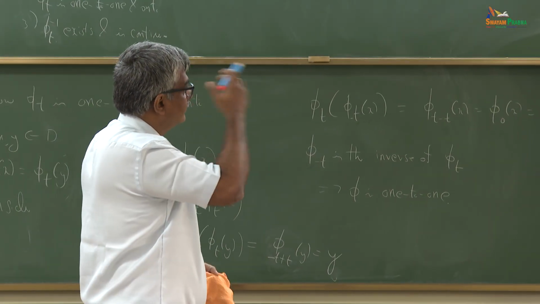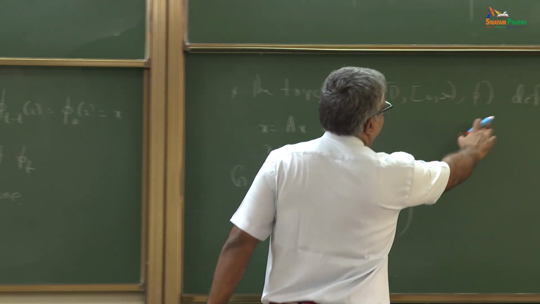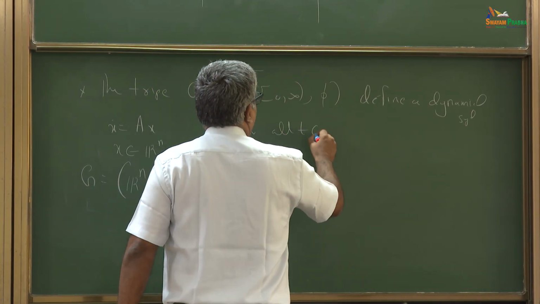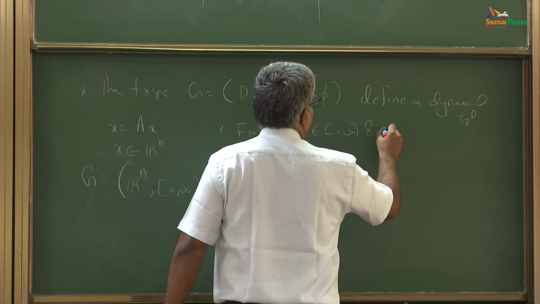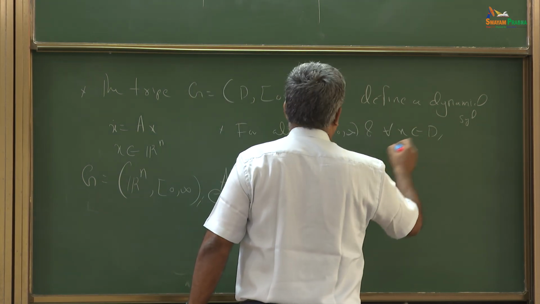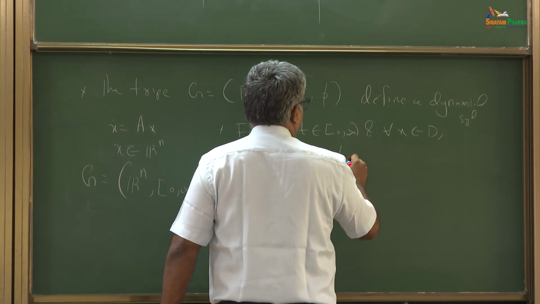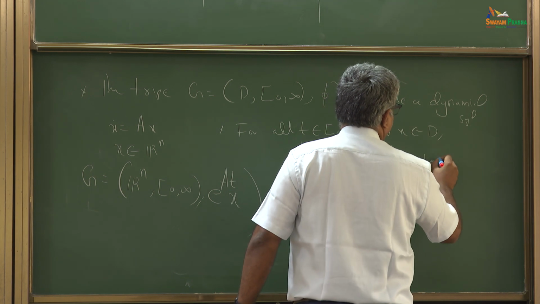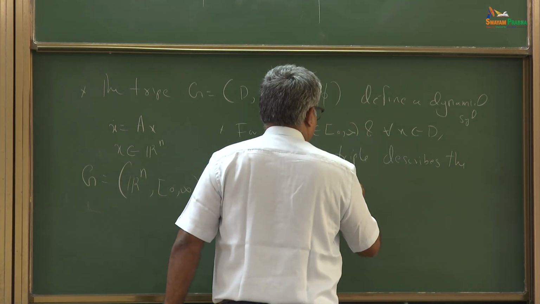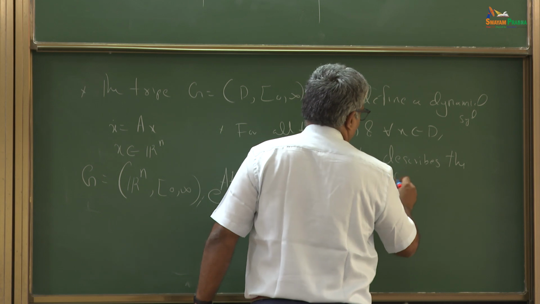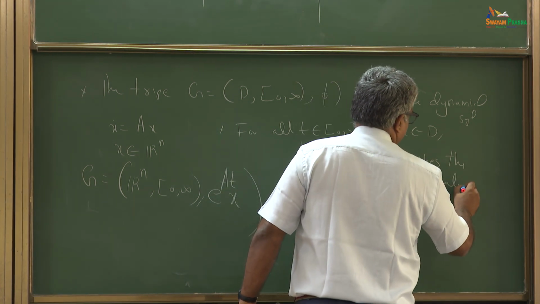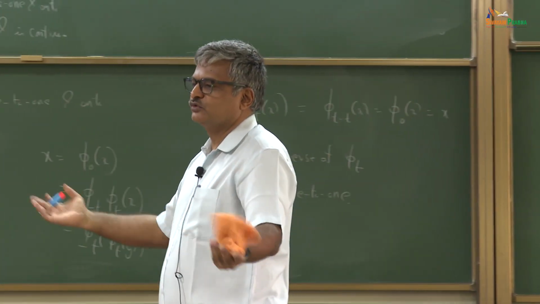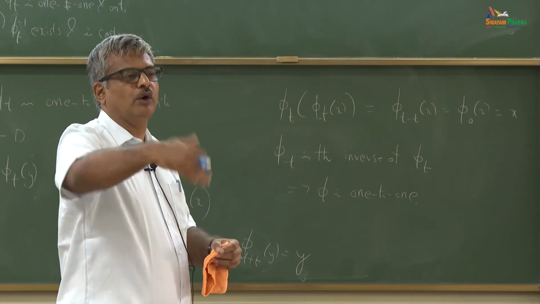Right. Now, yeah, so the triple defines a dynamical system. Therefore, for all t in [0, infinity) and for all x in D, the triple describes the evolution of the states in D. You allow t to vary, you allow x to vary in D. This triple will tell you how they evolve.